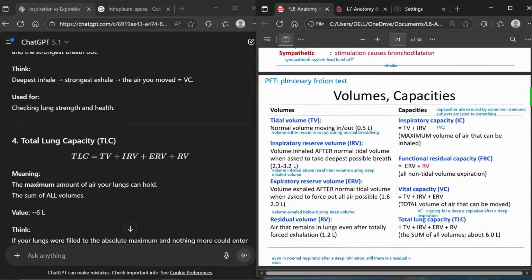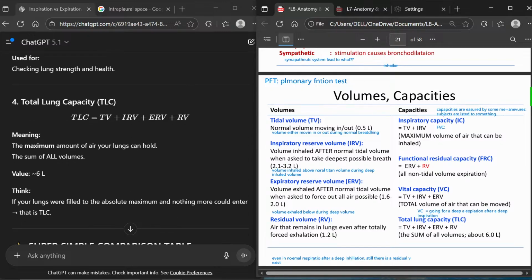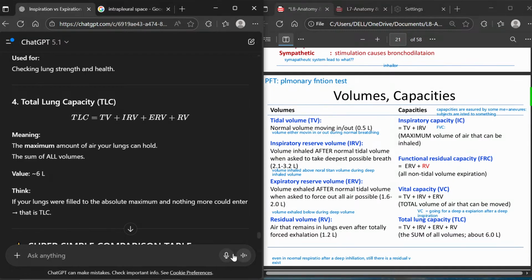Why would they? So my doubt is that after tidal volume, when you inhale normally, the forced possible breath you take is IRV.